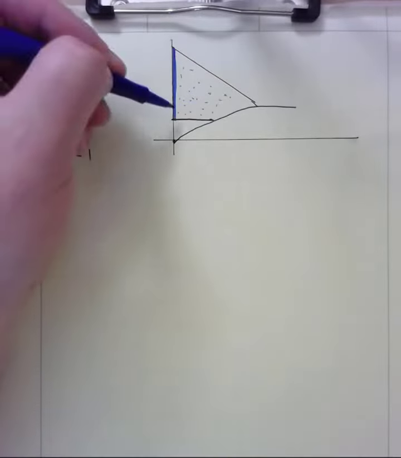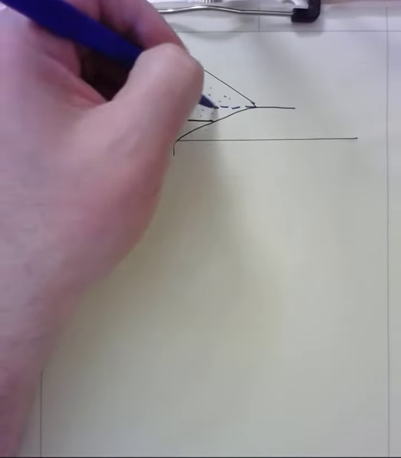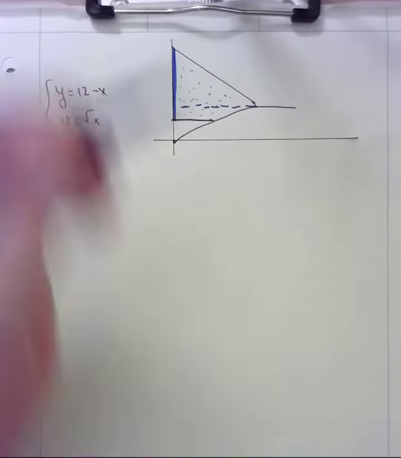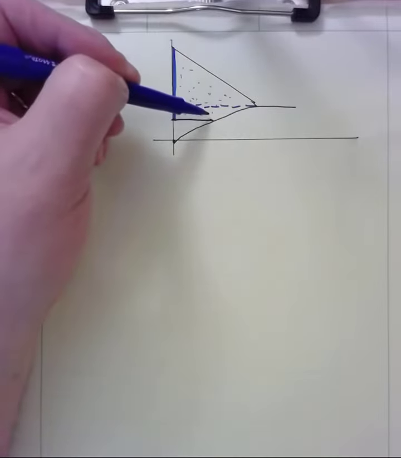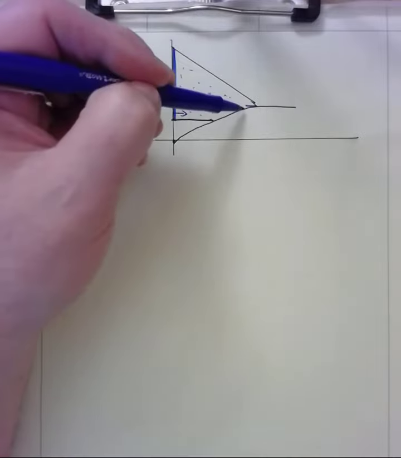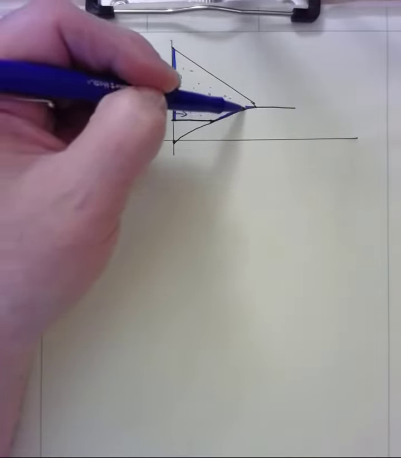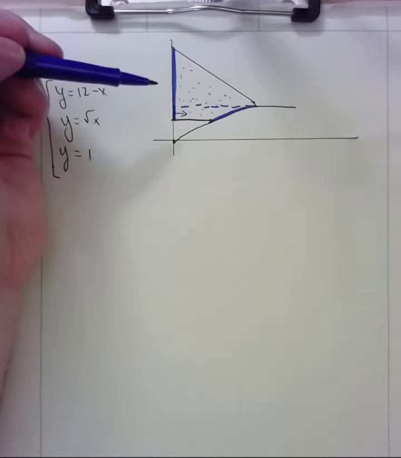So for example, I need to split this region just like I did the previous example, because in this smaller region on the bottom, when I'm looking out from the y-axis, the top function, the function that's considered above, is that arc, and then below, well, it's just the y-axis itself.